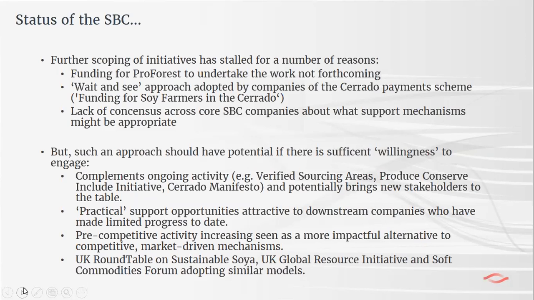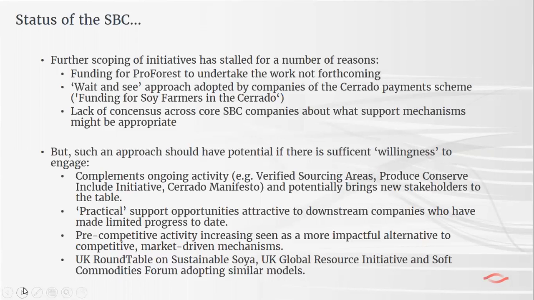It's well recognized now in the context of deforestation risk commodity activity that operating in a pre-competitive manner is essential, both from the perspective of understanding shared exposure to risk, but also in terms of influencing the supply chains and production processes.